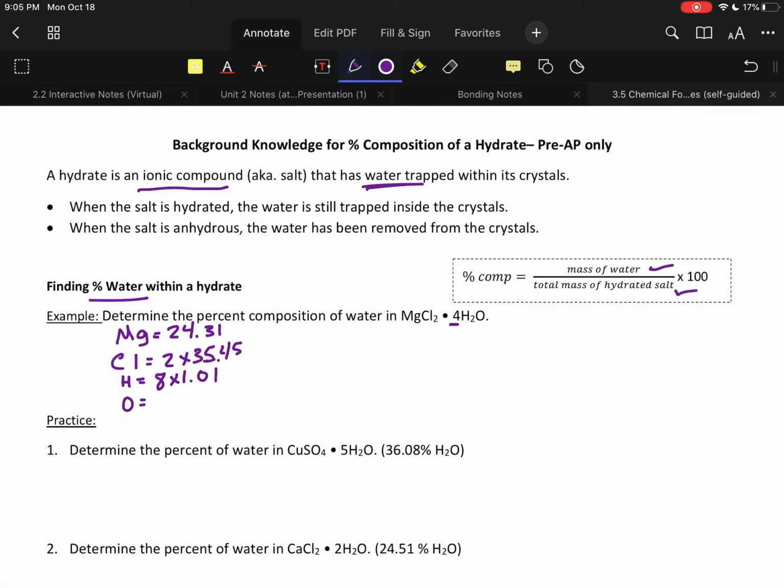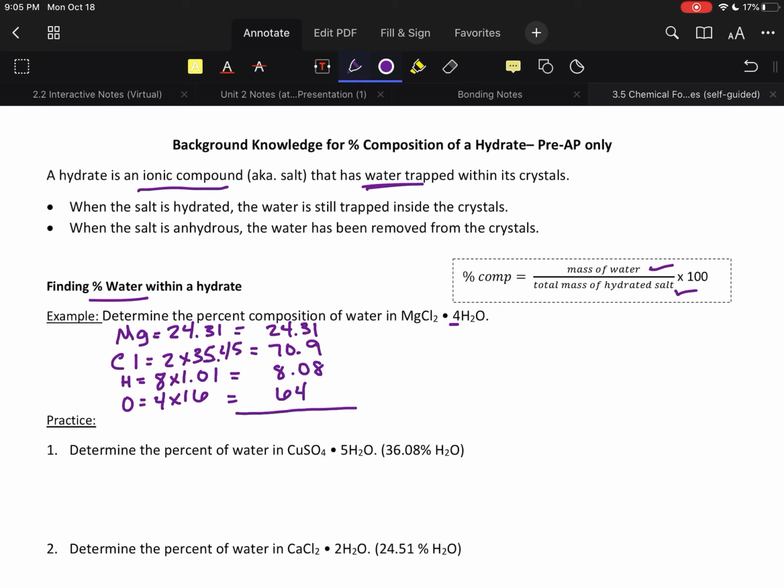And then with oxygen, same thing. I have 4 times 1. So we'll have our 4 oxygen atoms times the mass of 16, because 1 oxygen has a mass of 16. So I'll just go through and multiply these all out. So I end up with all of my different components.